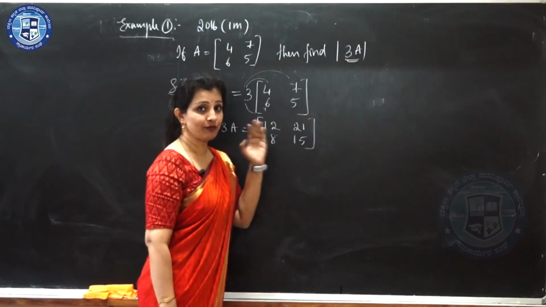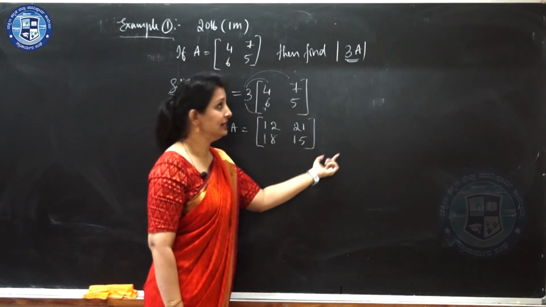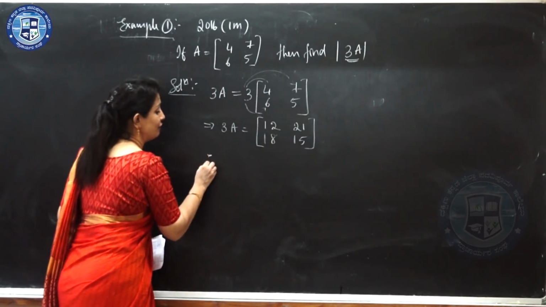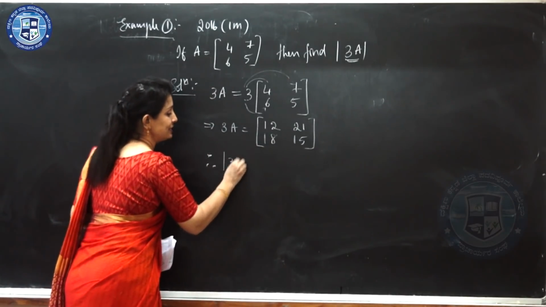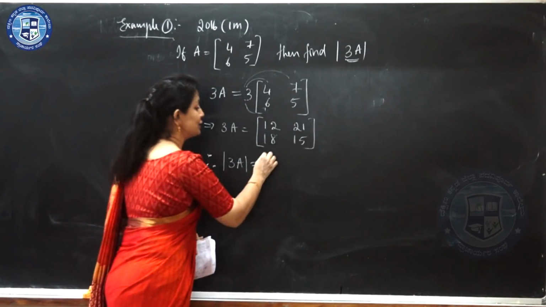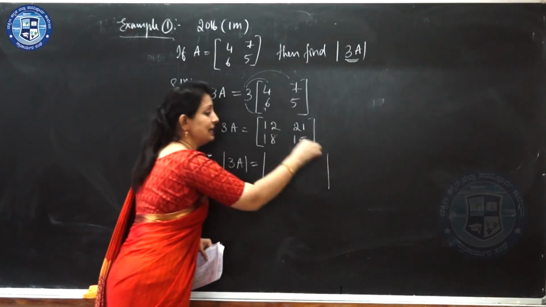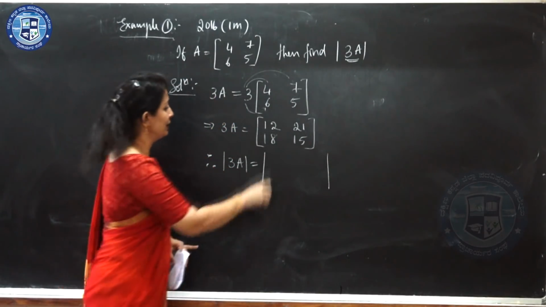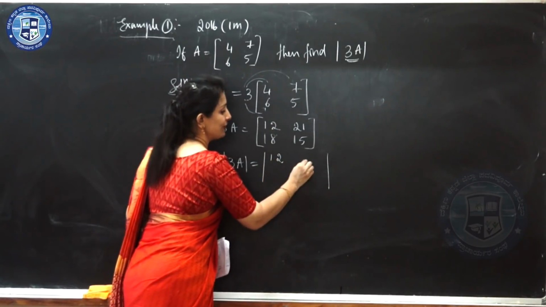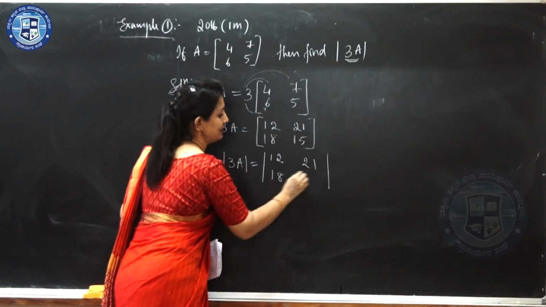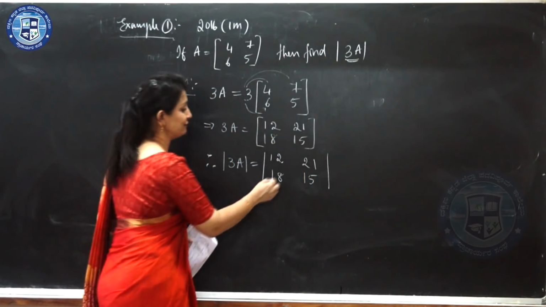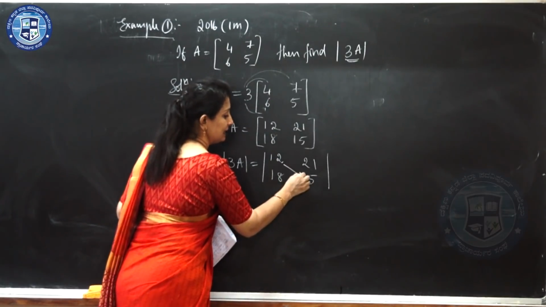You know, every square matrix can be associated with a determinant value. Now find the determinant of 3A. Therefore, determinant of 3A is equal to, whenever you write the determinant, it should be within the vertical lines. So, write the elements as determinant of 12, 21, 18, 15. You know how to expand this to get the value of the determinant.